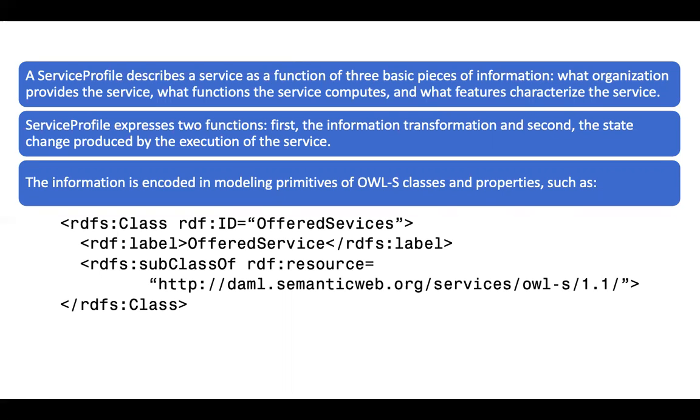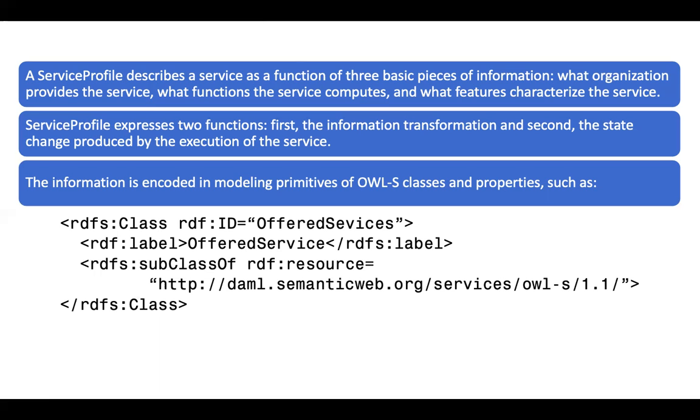A service profile describes a service as a function of three basic pieces of information: what organization provides the service, what functions the service computes, and what features characterize the service. There is a two-way relationship between a service and a profile that is expressed by the properties: presents relates an instance of service and an instance of profile, and presentedBy specifies the inverse of presents.